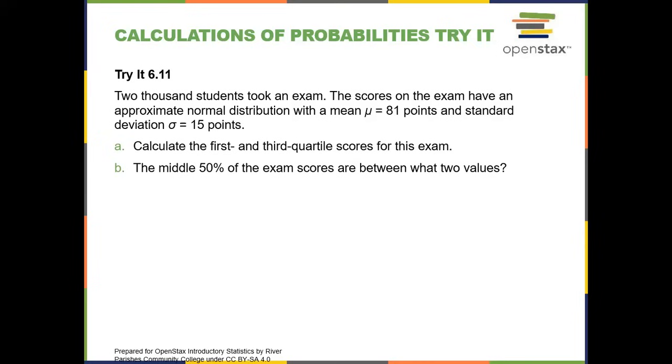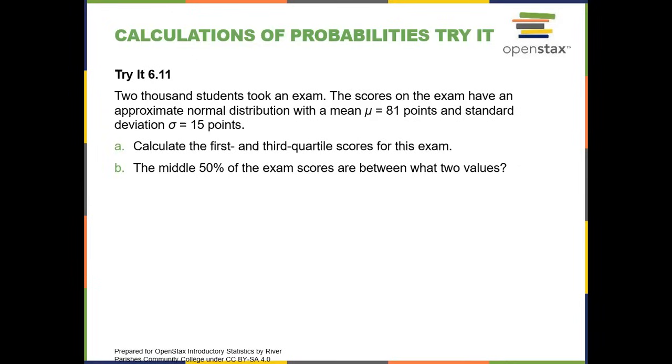Mu, the mean, is 81 and the standard deviation is 15. Paste, enter, and enter. And the answer is 70.88 or 70.9. That means 25% of the students scored below or at 70.88.